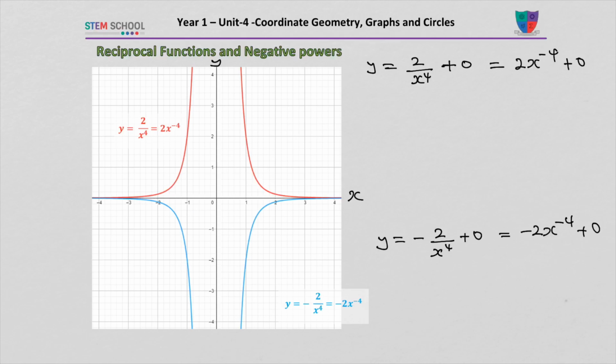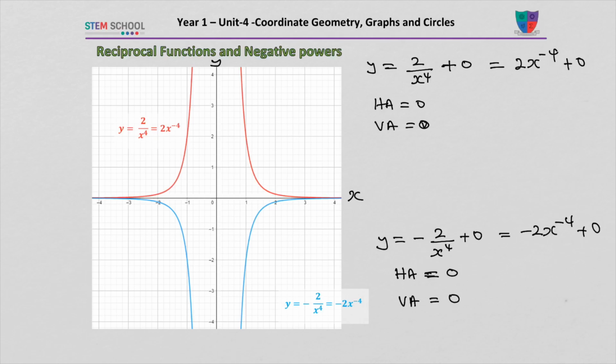So we now know the horizontal asymptote HA equals 0, and the vertical asymptote is also equal to 0, because if you set x to the power 4 to 0, you get 0. In both cases, HA equal to 0, VA equal to 0.